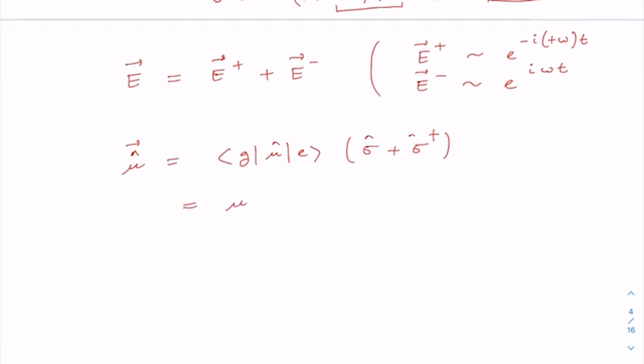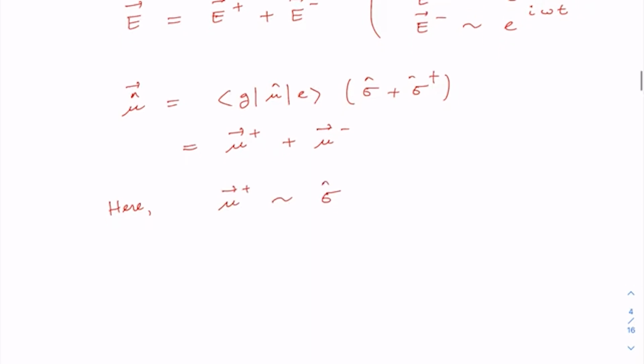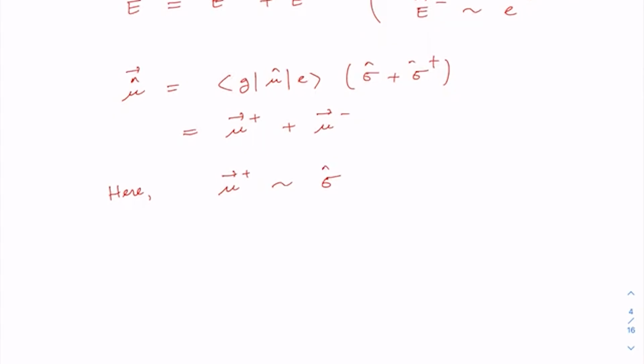Let me write this as μ⁺ and μ⁻. Here μ⁺, the positive frequency part, is related to the σ operator, the atomic lowering operator. On the other hand, μ⁻ is associated with the σ† operator.